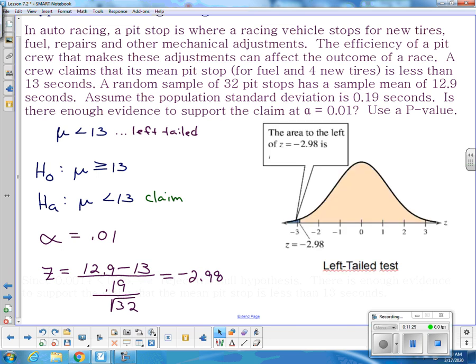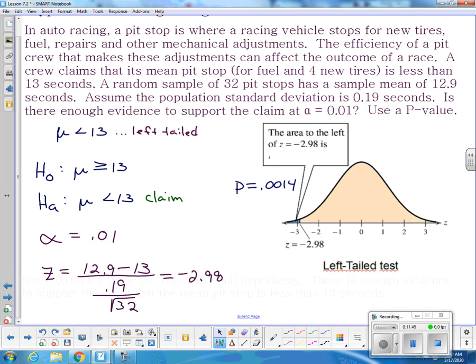So here's a picture of it. So we want the area of the left. So we need to go to our z-score chart. And negative 2.98 is 0.0014. So our p-value equals 0.0014. That's the area of that little piece of blue section.